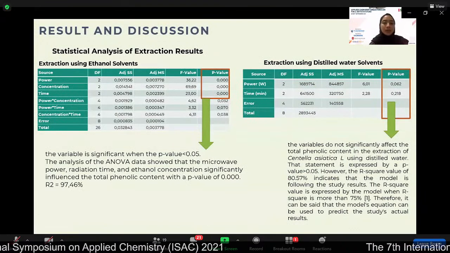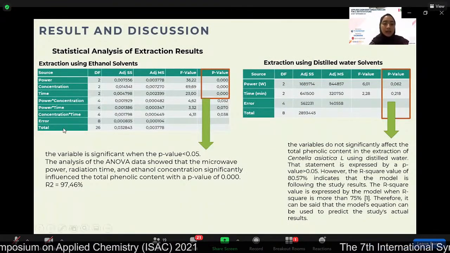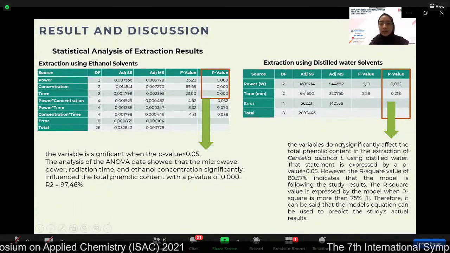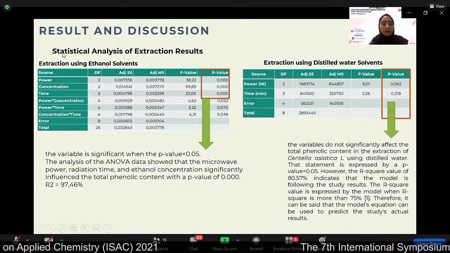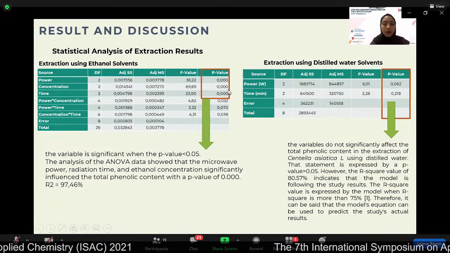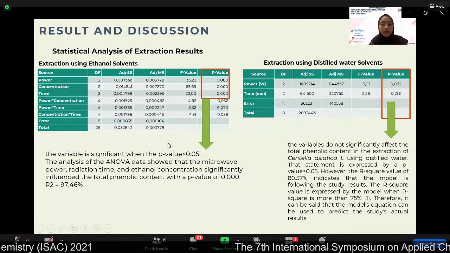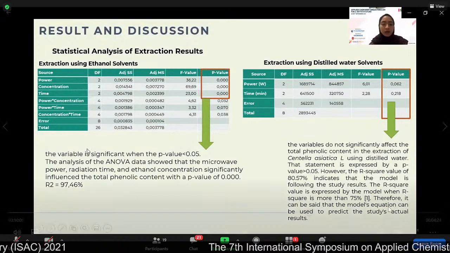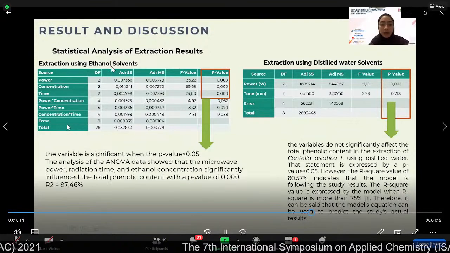And this is the statistical analysis. This is the ANOVA analysis for the ethanol solvent, and this is the ANOVA analysis for the water solvent. For the ethanol solvent, we can see that the p-value of the ANOVA analysis is 0. It means 0 is less than 0.05. That concludes the variables are significant.